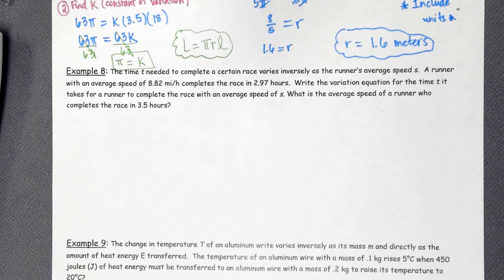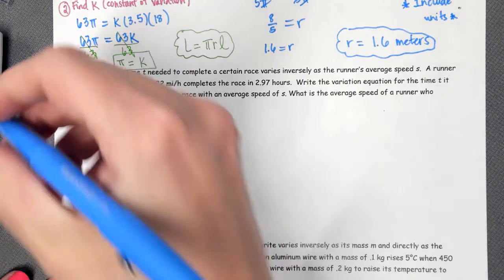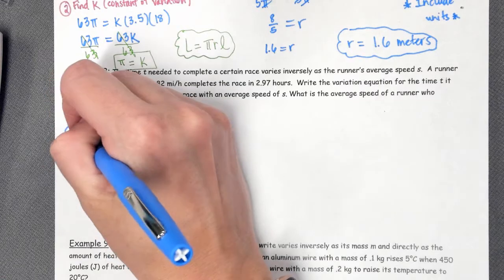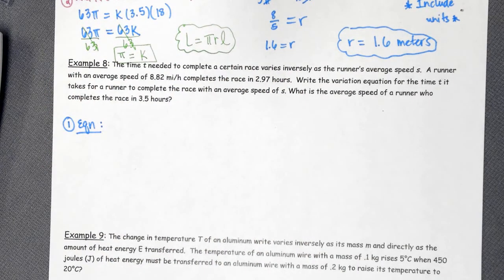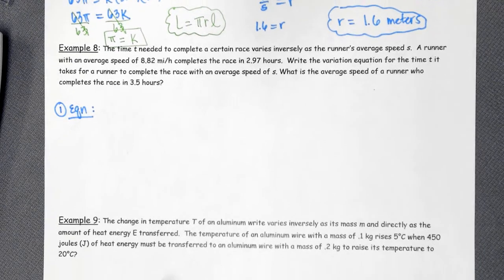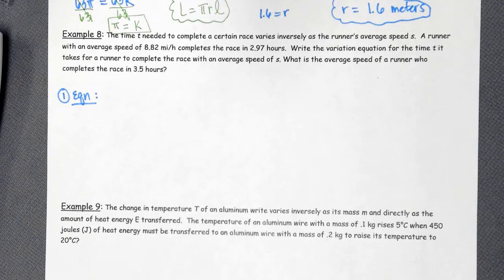Okay, for example 8, I'm going to give you just a minute to read over it, and then I want you to do step 1, where you just write out the equation, okay? So I'm going to give you a minute to read through it. Feel free to highlight or underline as necessary.